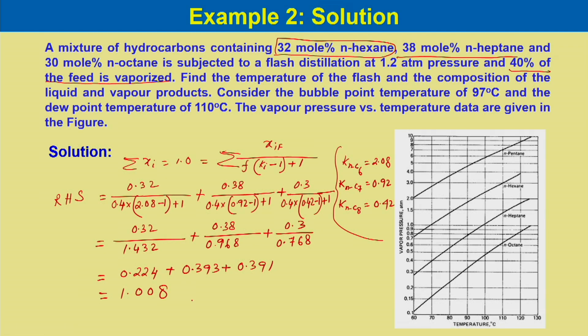So, this is close to unity. Hence, the flash point temperature is equal to 102.2 degree centigrade.